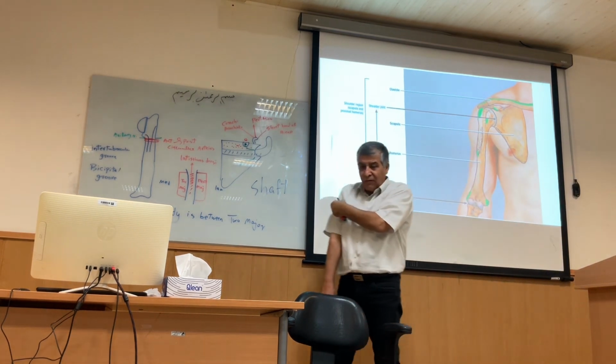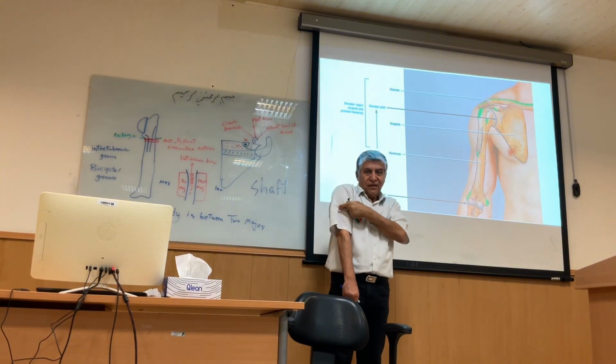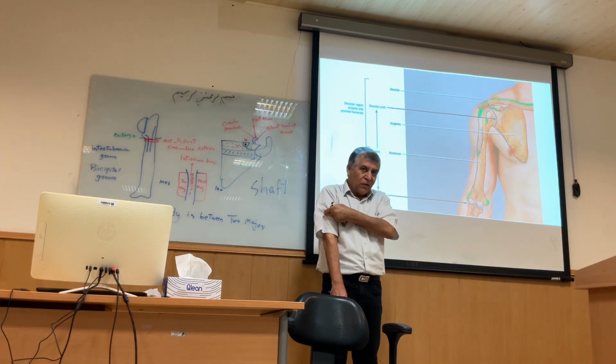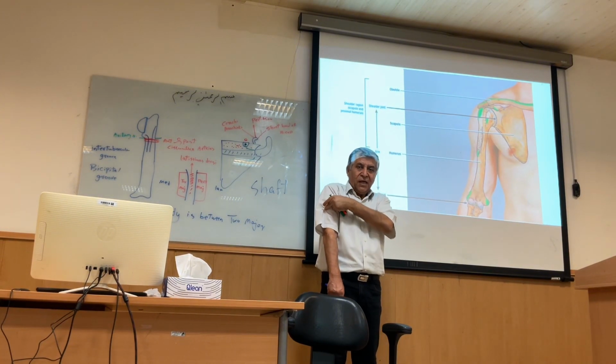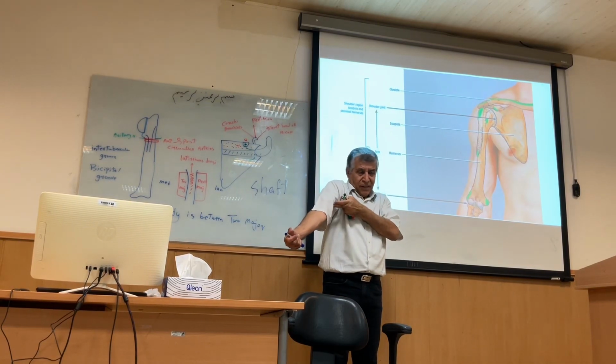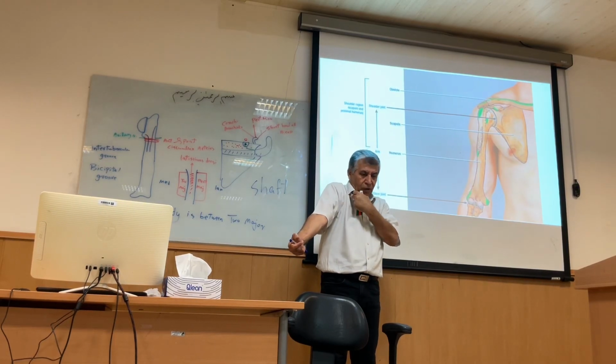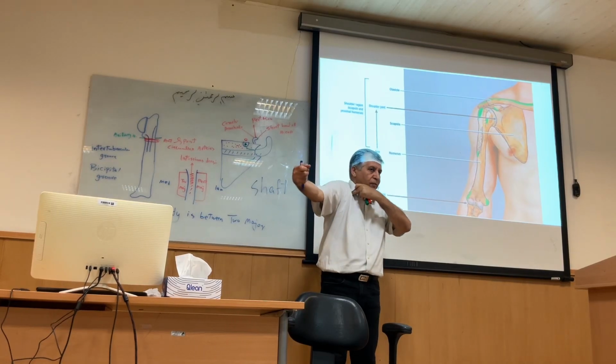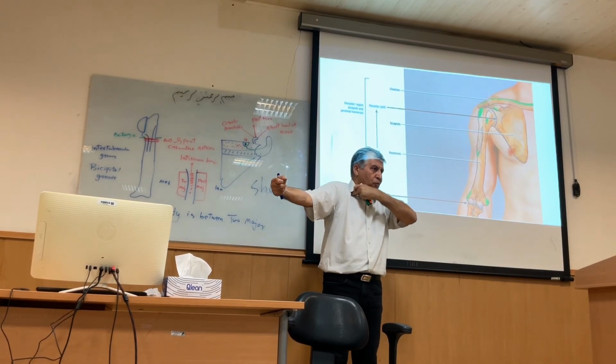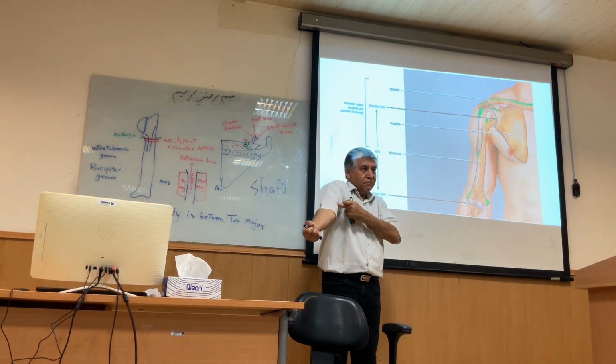In the midpoint of the medial surface of the shaft, there is a tuberosity for attachment of the muscle that comes from the coracoid process and goes to the brachium.